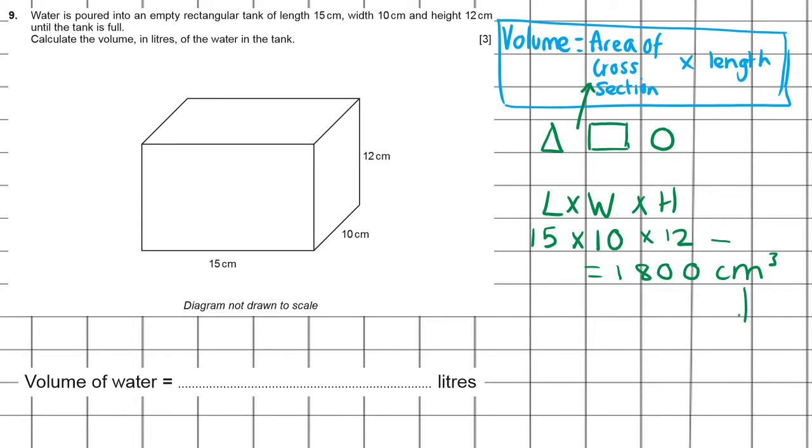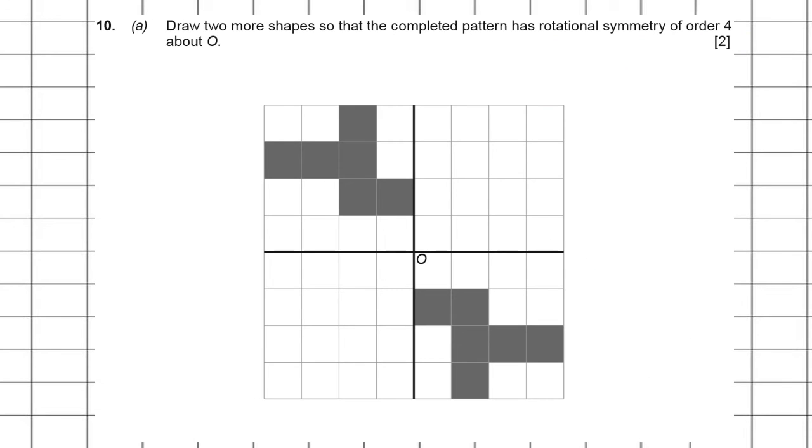Okay, so how do we get from centimeters cubed to liters? This is conversions. So we divide by 1,000, which gives us 1.8 litres.